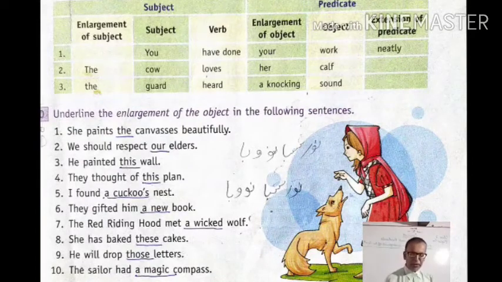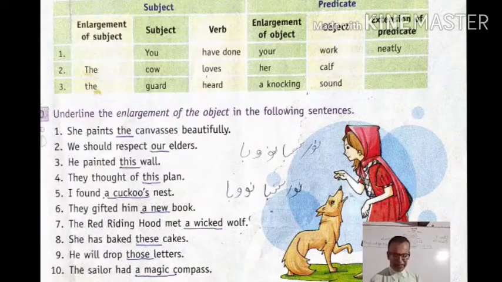You is the subject part. Have done is the verb part. Your work: work is the object part and your is coming before work, so your is the enlargement of the object. And neatly, which comes after the object, is the extension of the predicate.